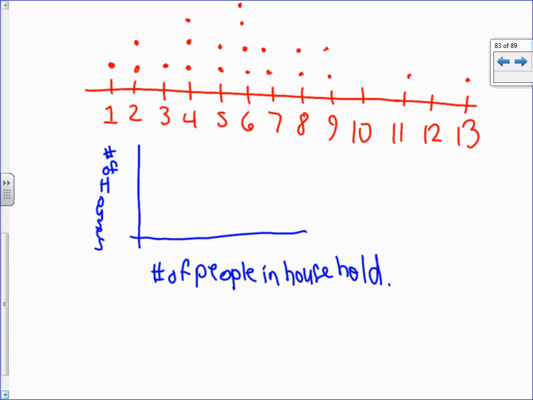Davian? We go sectional by 2. Okay. 0 to 2, 3, 4. So we'll go up by 2s.